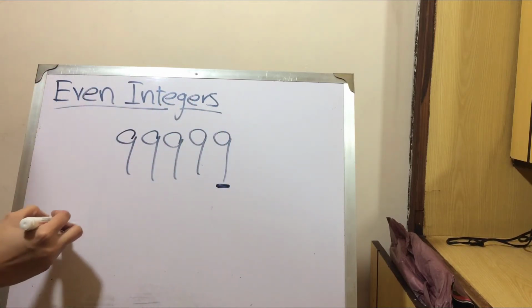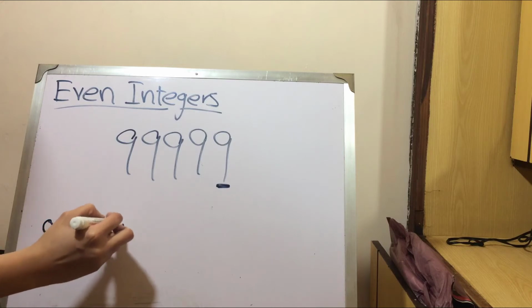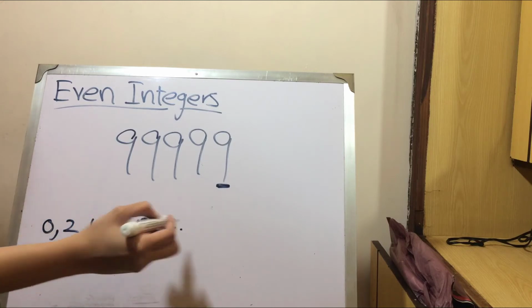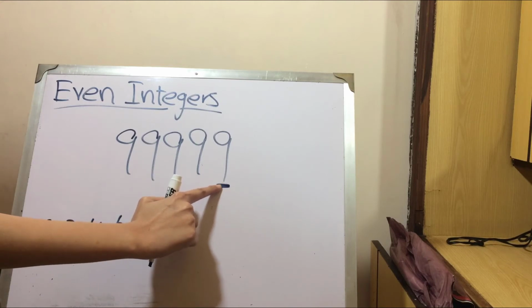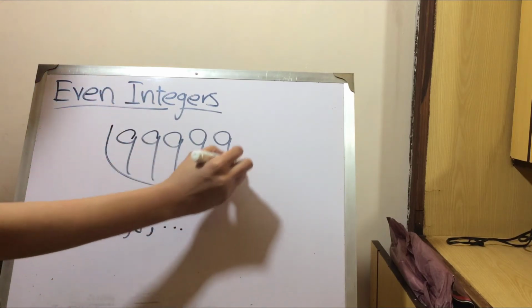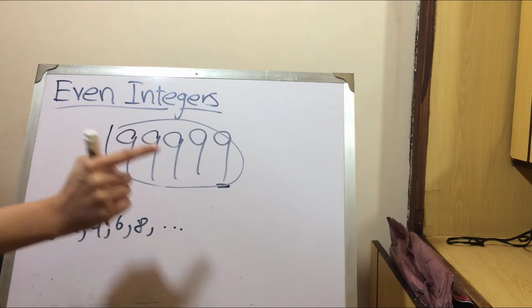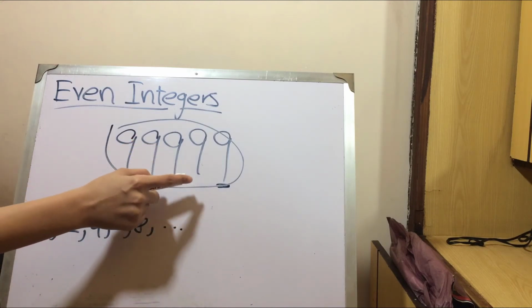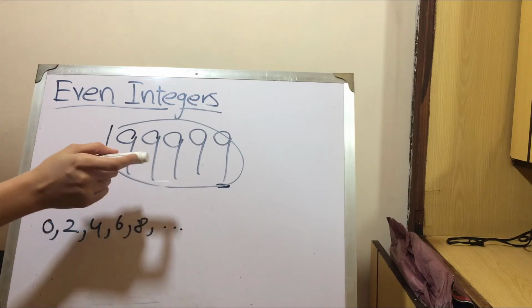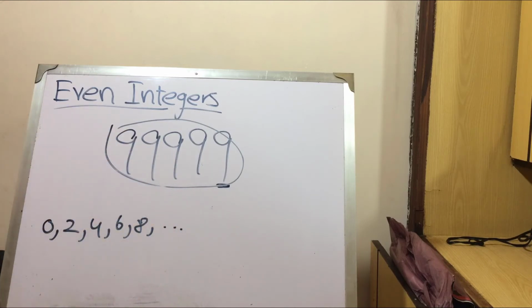As we know that 0, 2, 4, 6, 8, these are all even integers. And we know that 9 is not an even integer. So this whole number is not an even integer. Simply check it by dividing this number by 2. You will see that the answer will come in decimal and the remainder will not be 0.